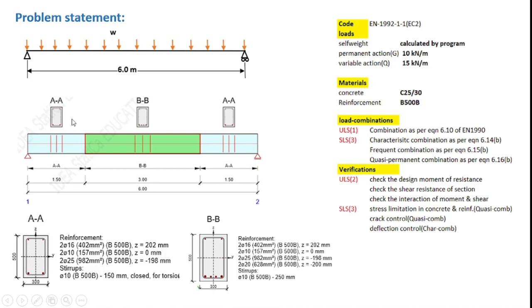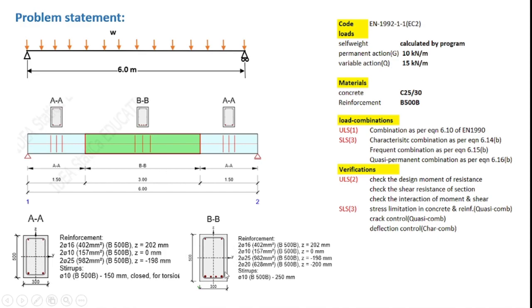And we have assumed 2 cross sections AA and BB as shown here, and the details of these cross sections AA and BB are shown here. In both cases, the beam is rectangular of dimensions 300 by 500, and the difference between section AA and BB is essentially in the main tension reinforcement, and also in the strut reinforcement.